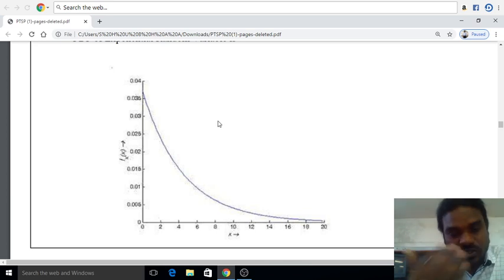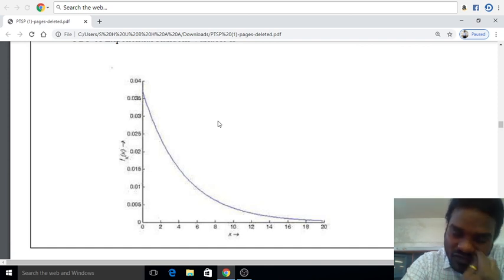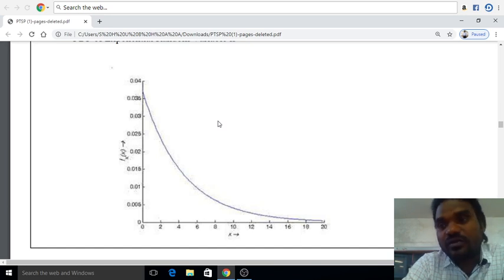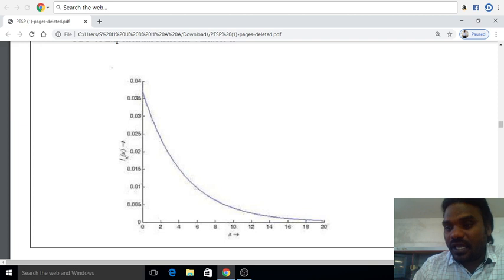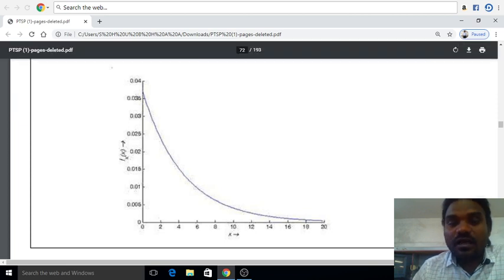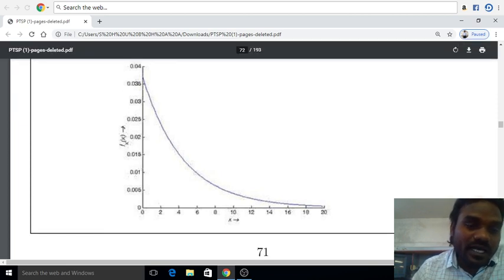That means the amplitude of the probability density function decreases with the increment of the random variable. If the amplitude increases with the increment of the x value, then it is an increasing exponential function. Whatever example we took is a decaying exponential function.